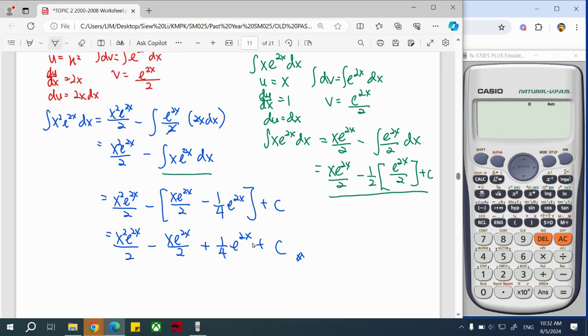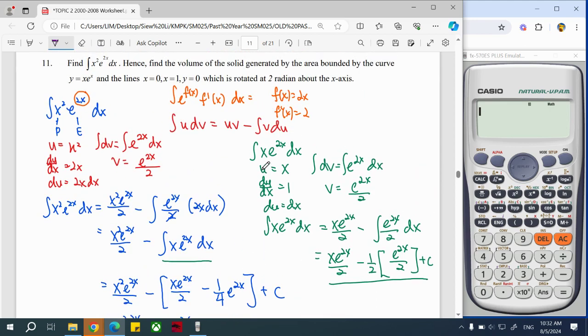Then when we come to the second part, the question says, find the volume of the solid generated by the area bounded by the curve, x equals 0, x equals 1, y equals 0, and rotated 2π radians about the x-axis.